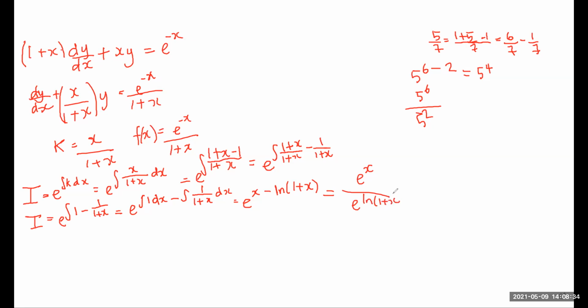Then what happened to e to the ln? E to the ln becomes what? 1 plus x. All right, so that's the integrating factor. They say this is just algebra, so easy. Yes, sir. So continue.